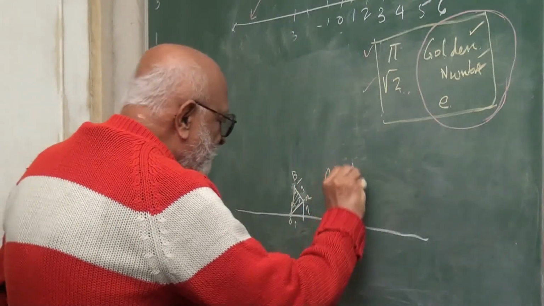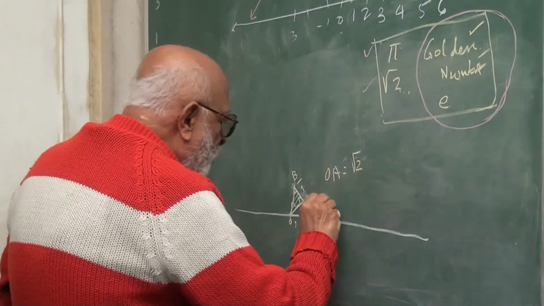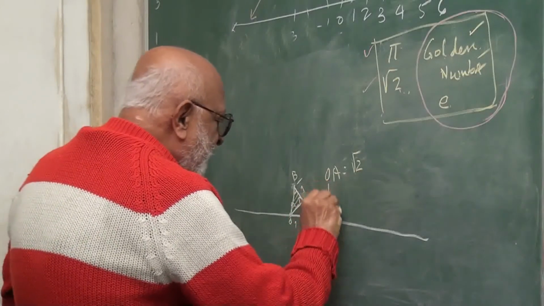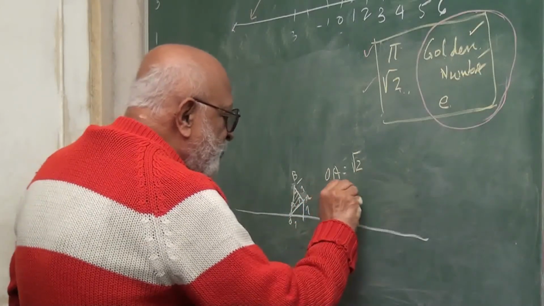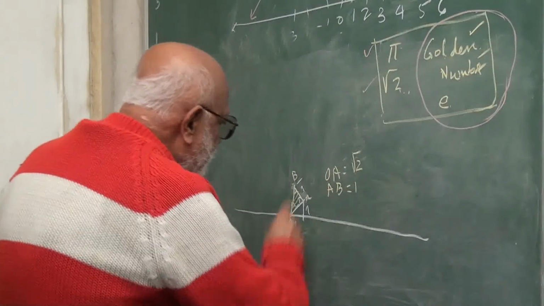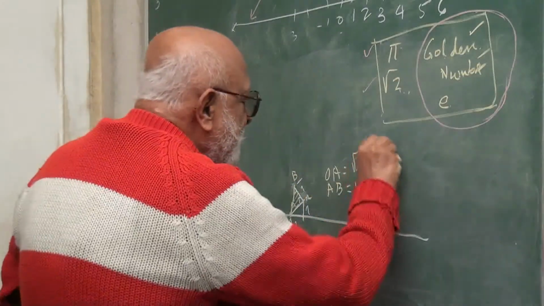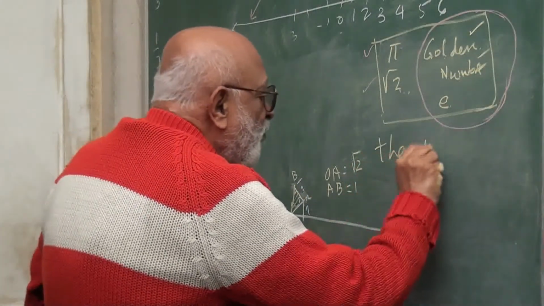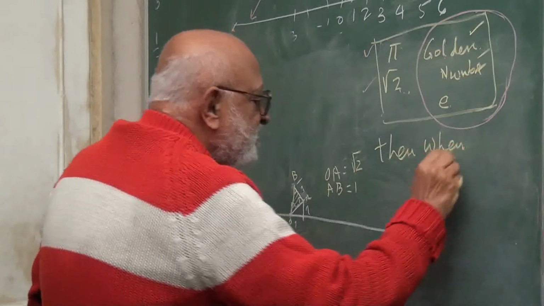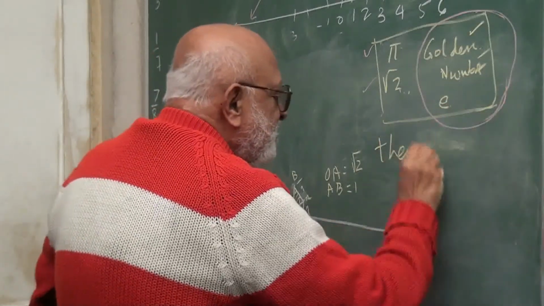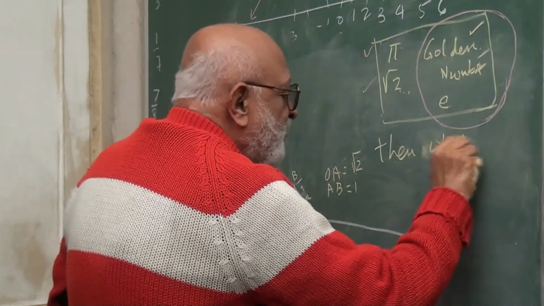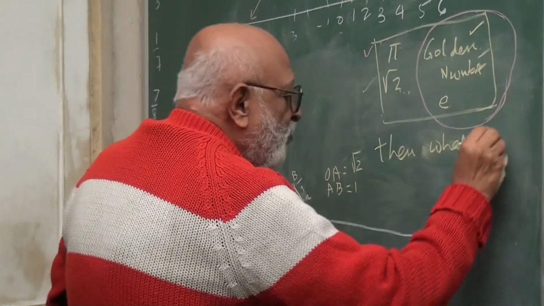OA is equal to root 2. AB is equal to 1. Then what is OB?